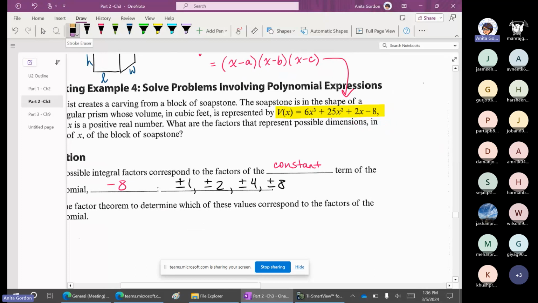If I put positive 1, I'm going to get 6 plus 25 plus 2 minus 8, so 1 does not work. If I do negative 1, all that does is change the signs, right? Negative 6 plus 25, negative 2 minus 8. Does that work? No, it does not. So the ones are no good.